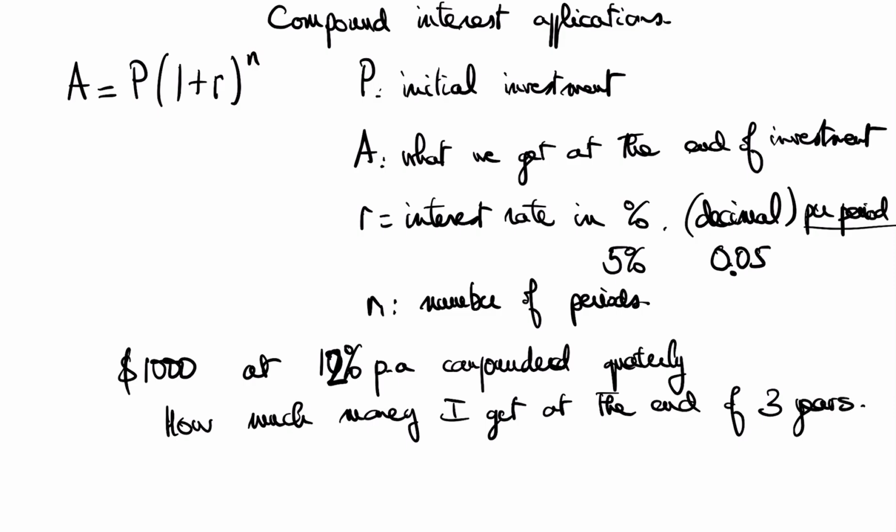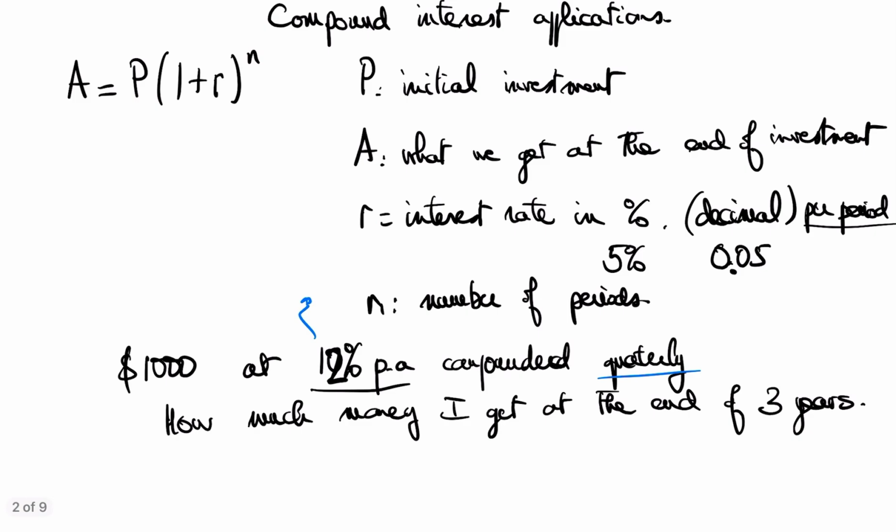So it's 12% per year. Here we're dealing with quarterly, so we need to divide by 4, so that's 3% per quarter. Important.